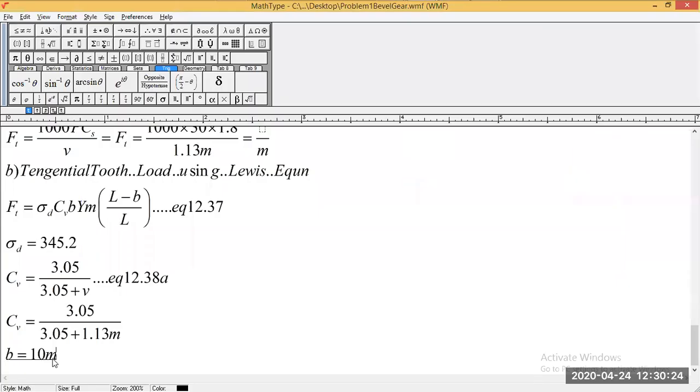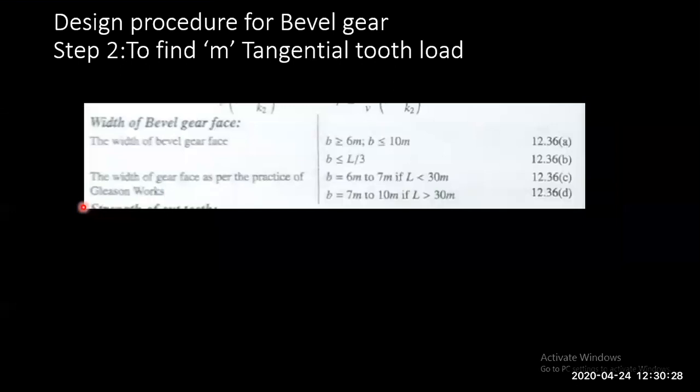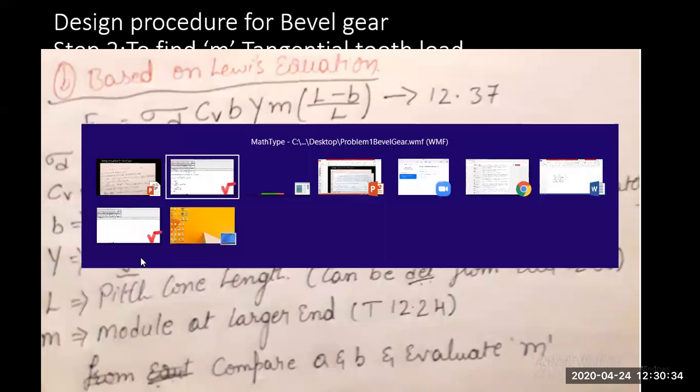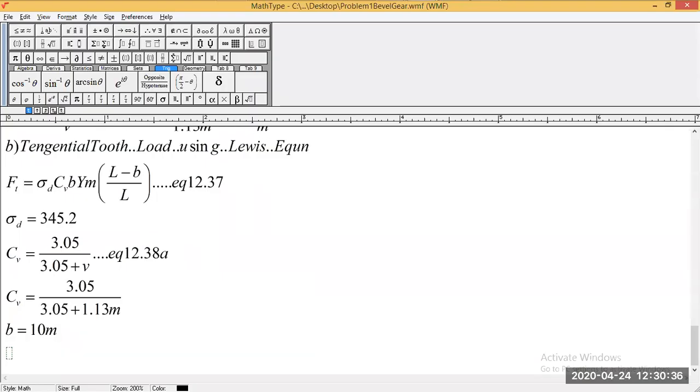What else is required? We have the Y. Y is again given just below the equation. Capital Y equals pi times y1. The subscript 1 is because the weaker member is the pinion; 1 is with respect to the pinion.